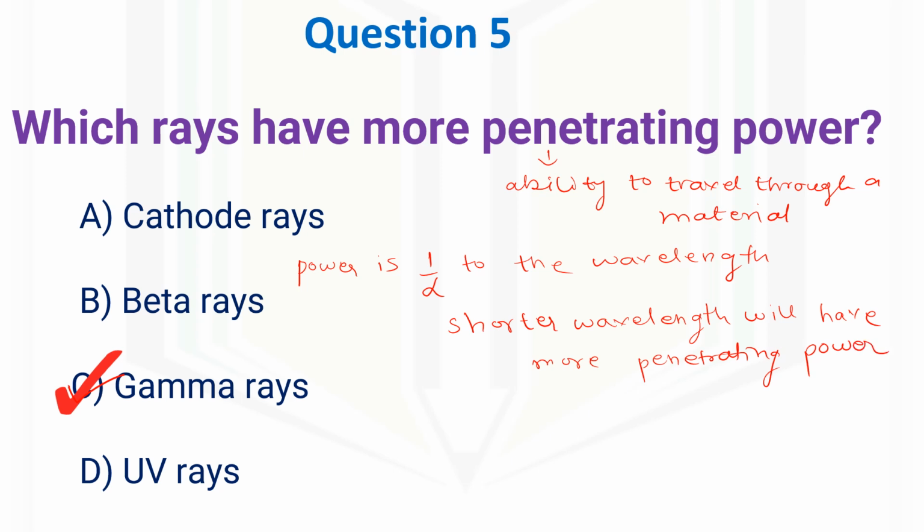For example, the alpha particles and beta particles have smaller mass and high ionizing energy. Thus, they cannot penetrate through any material very far. Gamma rays, which don't have any charge or mass, have the least ionizing energy and thus the highest penetrating power. So here our correct option is option C, gamma rays.